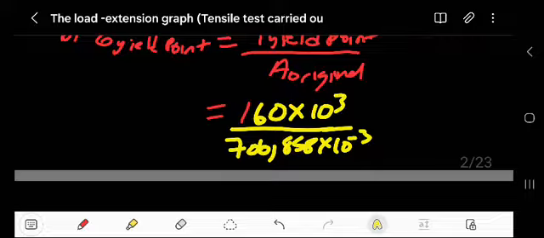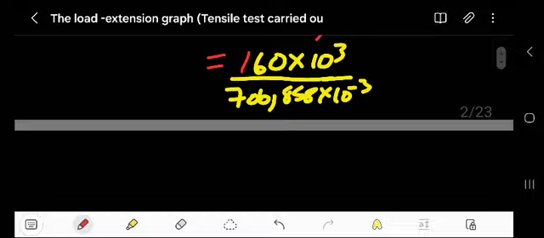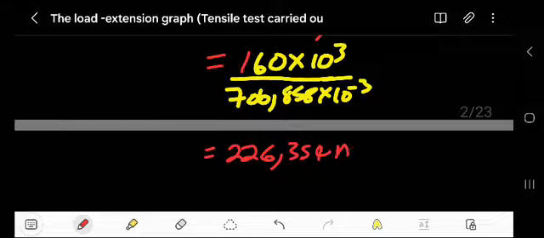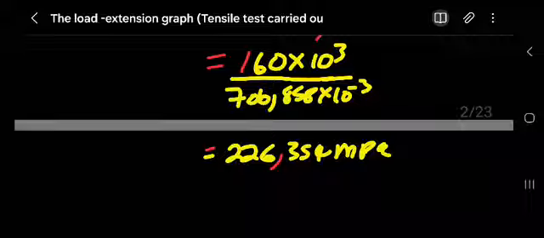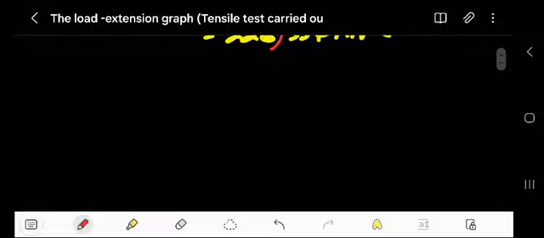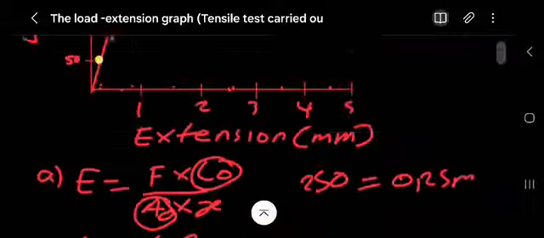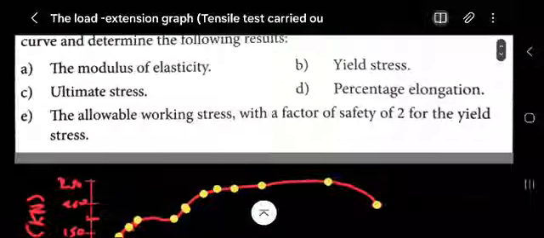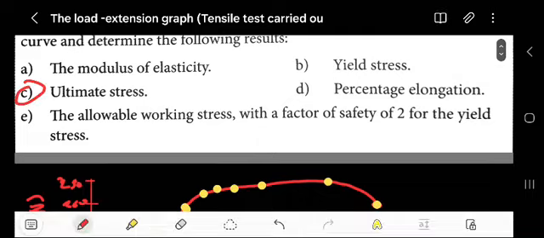If we punch this, that yield will be equal to 226,354 megapascal. Then C, we should calculate the ultimate; we'll calculate ultimate after the percentage elongation.